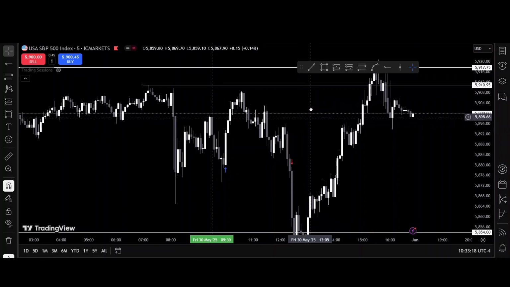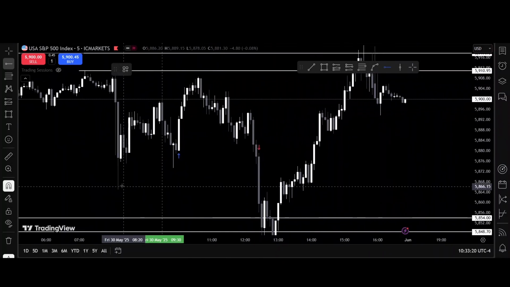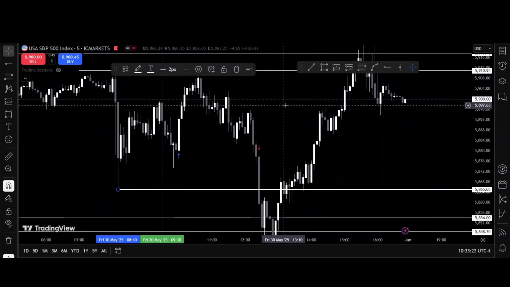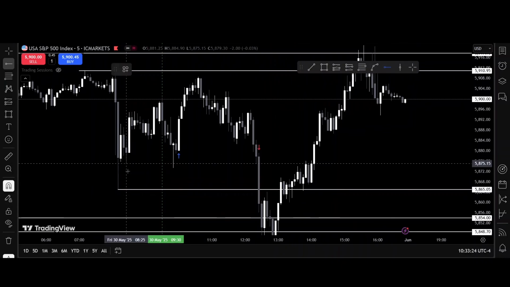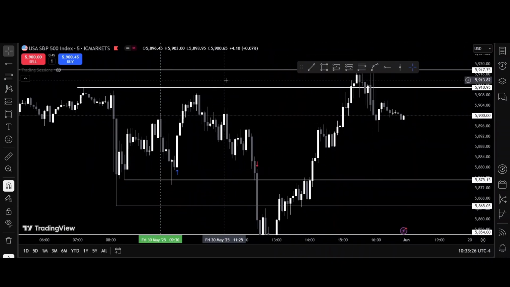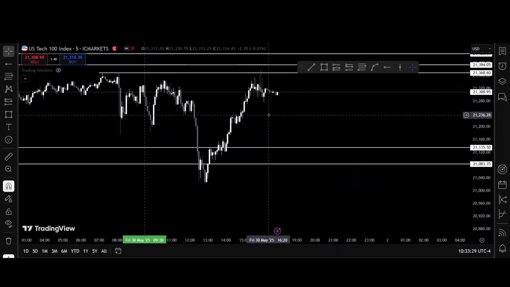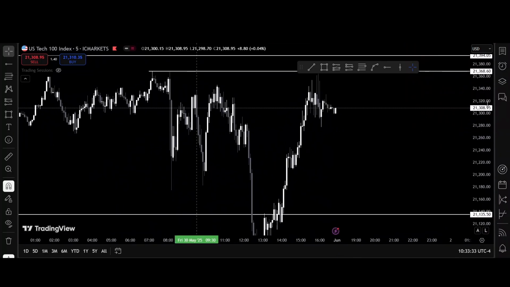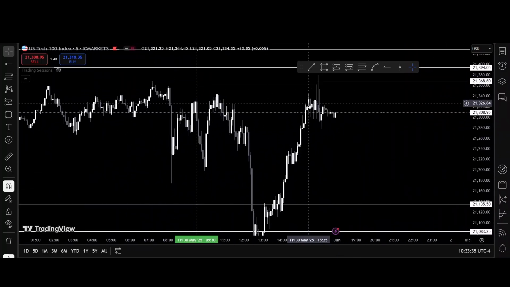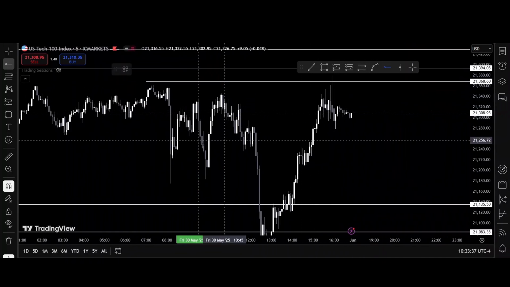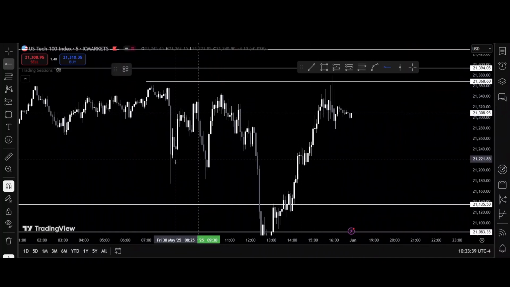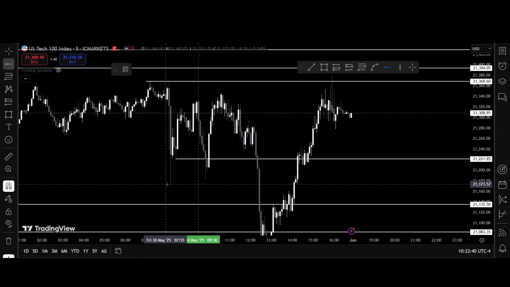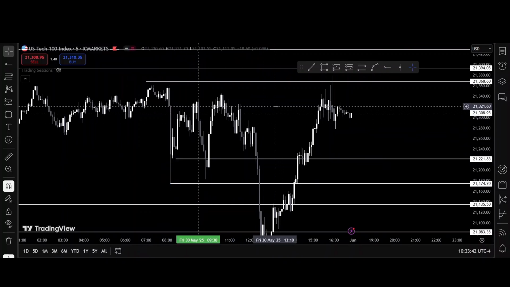Anyways, yesterday we had these lows made during pre-market. These highs were actually my draws, but I was really bullish on NQ because we had equal highs too. Anyways, market opened.